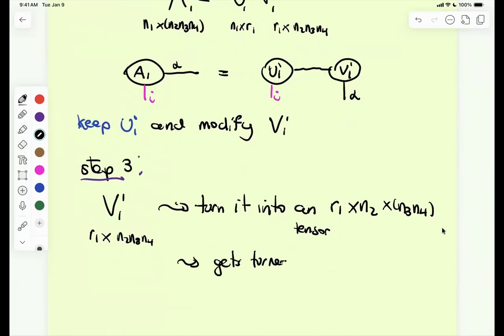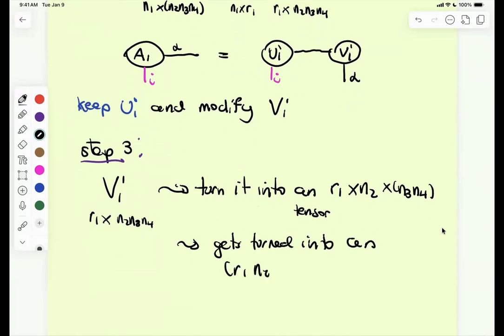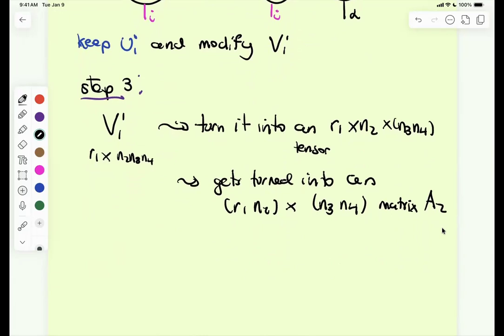So it becomes an R1 and 2 times N3 and 4 matrix. I'll call this matrix A2, and apply the SVD again. A2 is an R1 and 2 times N3 and 4 matrix.